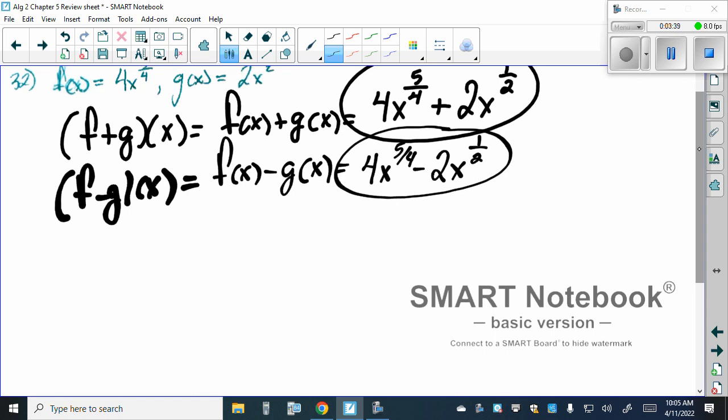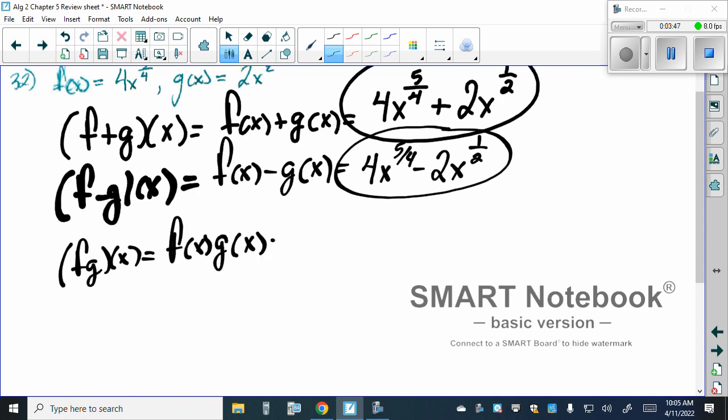Let's look at multiplication. F times g of x is the same as saying f of x times g of x. And again, just like the ones before, we'll replace f of x with its function, 4 times x to the 5/4, and it's being multiplied by 2x to the 1/2.